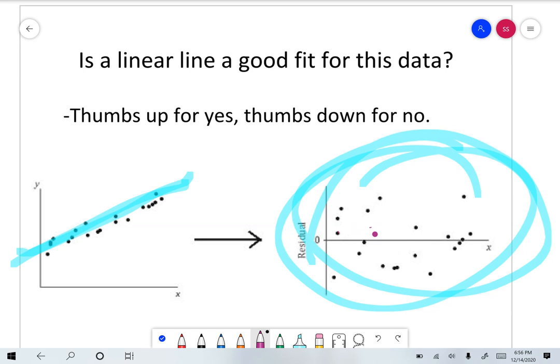But it could be worse. It could be a lot more spread apart, right? So it's definitely random, which is good. It means it's a linear fit, but it's a moderate or weaker relationship than it could be. Okay?